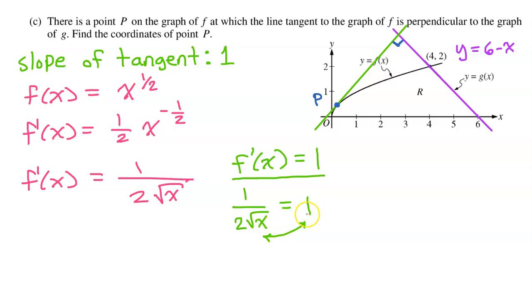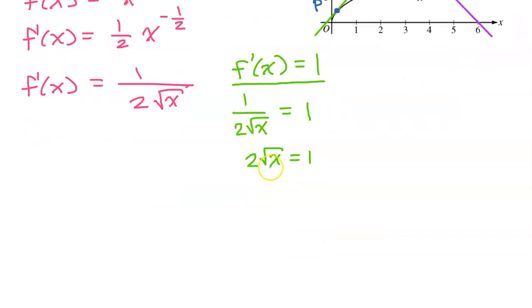That is a legal move. That gives us 1/1 is equal to 2 radical x. That means 1 equals 2 radical x, or 2 radical x equals 1. Dividing both sides by 2, we get radical x is equal to 1/2. Squaring both sides of the equation, we get x is equal to 1/4.